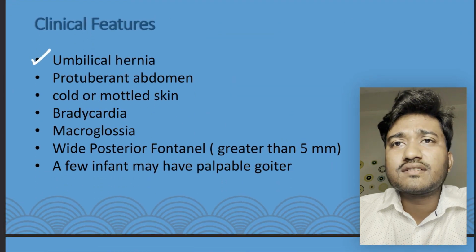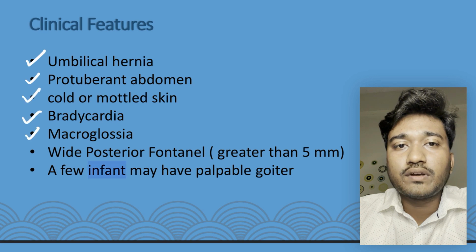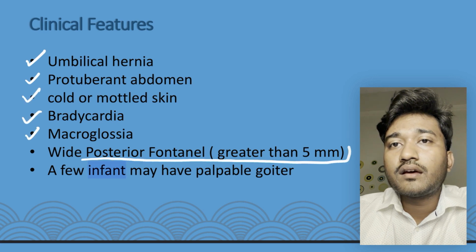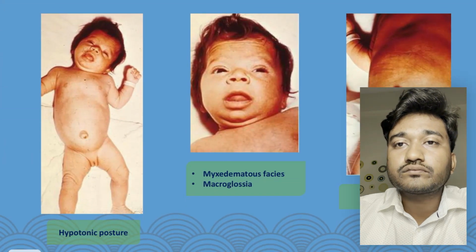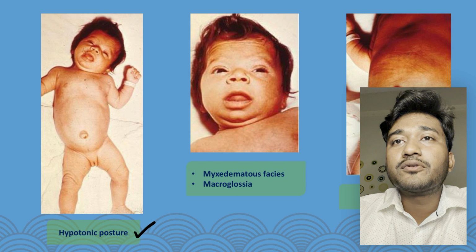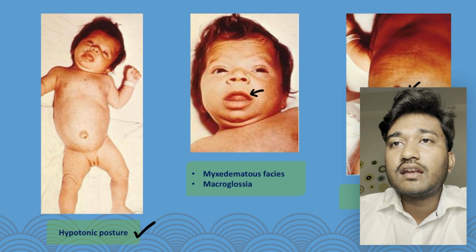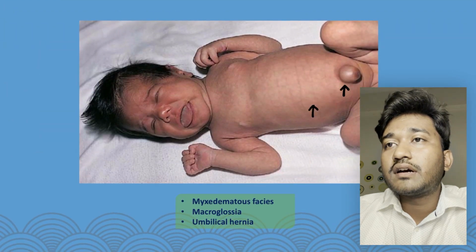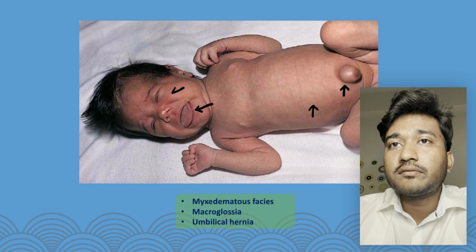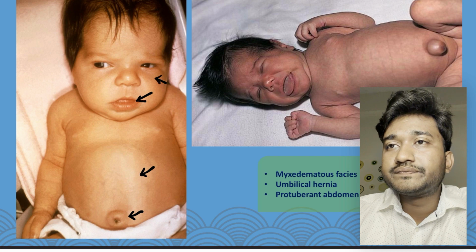Once again, there is umbilical hernia, protuberant abdomen, and a very important thing, the posterior fontanelle is wide open. Look at the child, there is hypotonic posture with an enlarged abdomen. And look at this photograph, there is umbilical hernia, macroglossia, and myxedematous facies. Another photograph showing all those things.